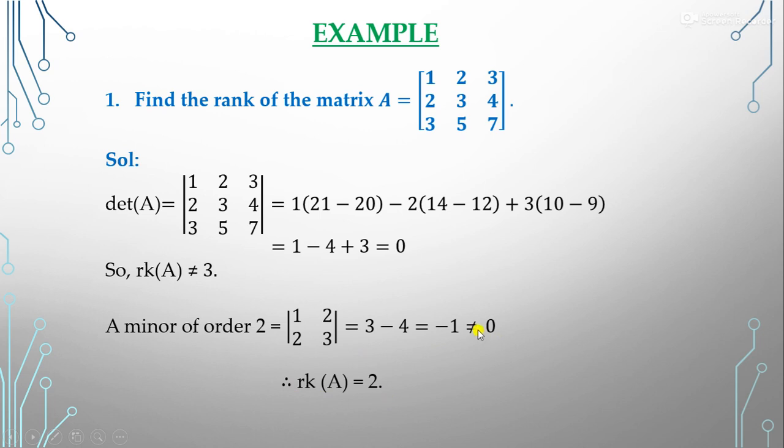So it's sufficient to check one minor that is not 0. Okay, clear how to decide the rank by this determinant method.